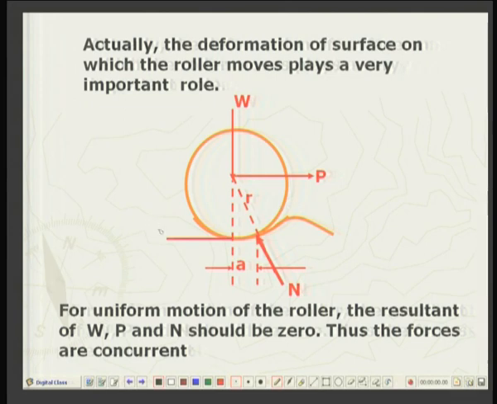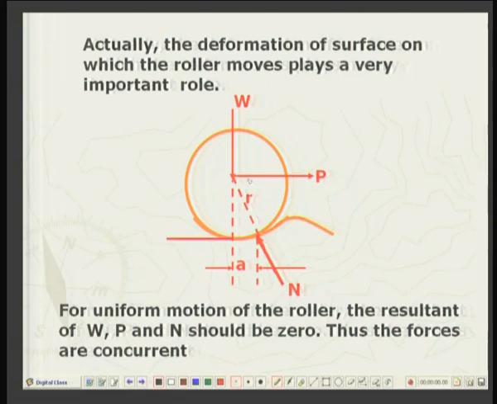But let us say the ground has slightly raised up, and then again it will go back to the level value. So, under a microscope, this is the contact position between the roller and the ground, and the normal reaction, instead of being through this point, will now be acting through here. Okay.